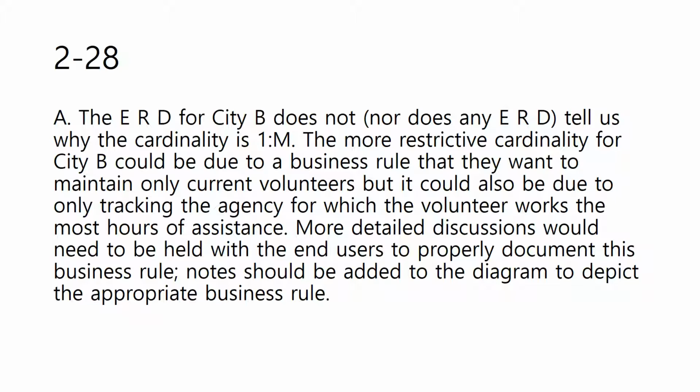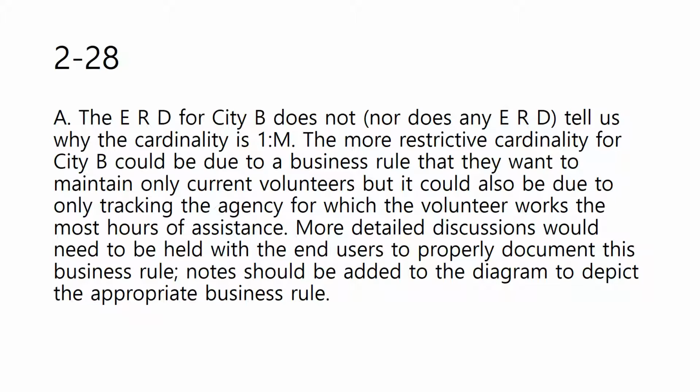The entity relationship diagram for City V does not, nor does any entity relationship diagram, tell us why the cardinality is one-to-many. The more restrictive cardinality for City V could be due to a business rule that they want to maintain only current volunteers, but it could also be due to only tracking the agency for which the volunteer works the most hours of assistance.